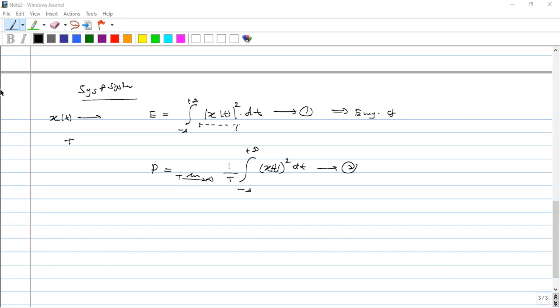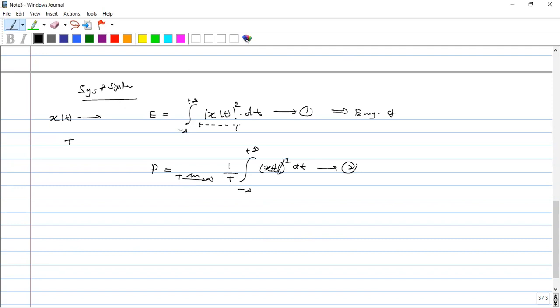Here we are focusing our study only on continuous signals. You can see that this is the energy of the x(t) signal, the normalized energy content of the x(t) signal. And this is the normalized average power. That one is also correct, no? 1 by T, yeah, that's correct. So my memory is okay.